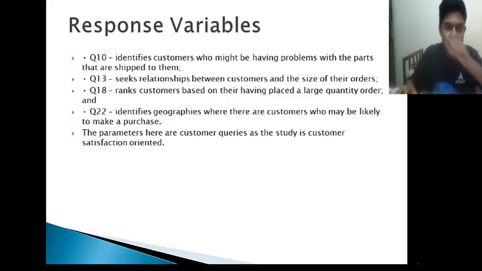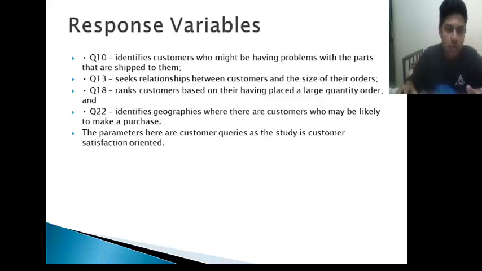The response variables in this case all depend on customer satisfaction. So they are in this form. Q10 identifies customers who might be having problems with parts that are shipped to them. Q13 seeks the relationship between customers and the size of their orders. Q18 ranks customers based on their having placed a large quantity order.